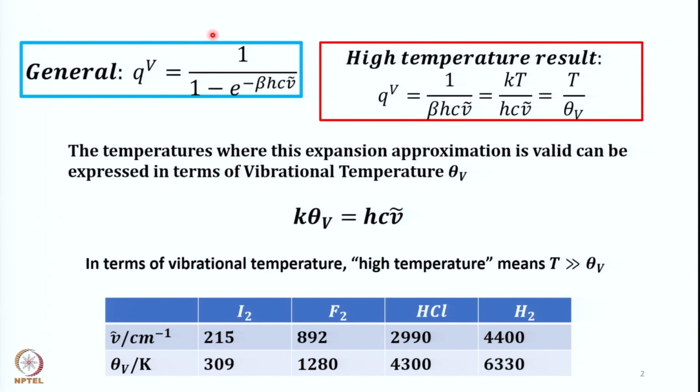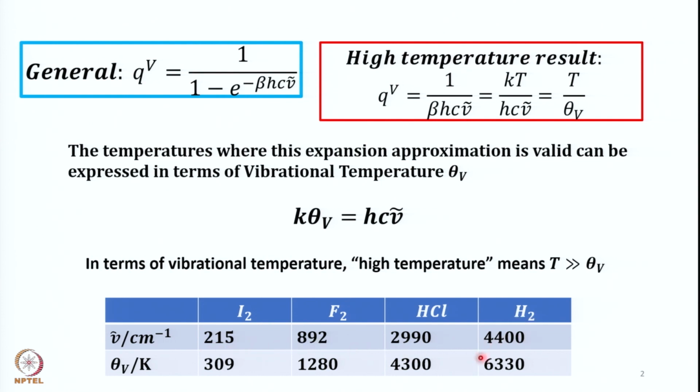Another general trend which you notice in this table, look at the molecular weights here. Iodine is a heavy molecule, then fluorine is lighter, then you have HCl, and then you have hydrogen, a very light molecule. You can correlate with the vibrational wave numbers that as the molecule becomes lighter, the wave number increases.